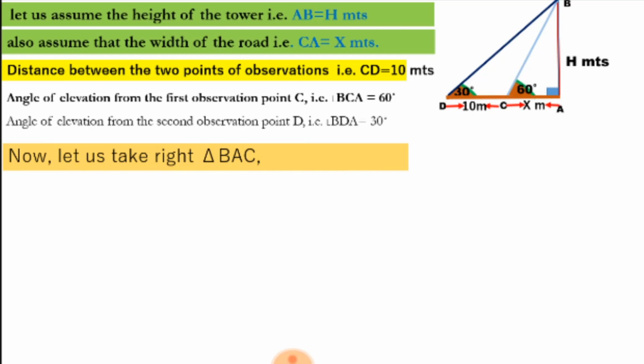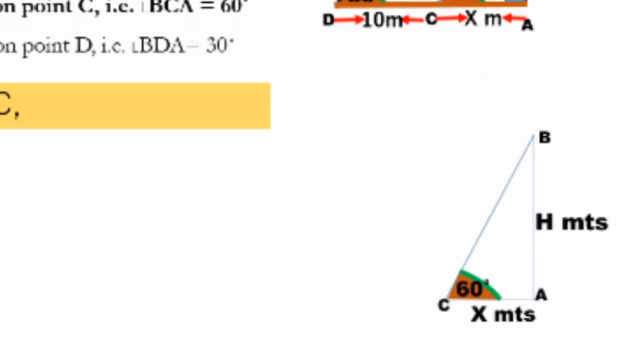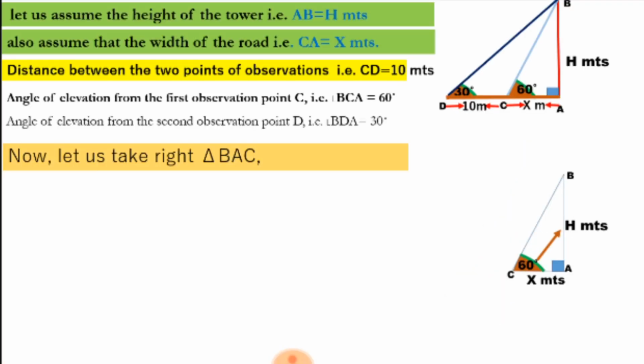Now let us take right triangle BAC. If we observe this right triangle, for the given angle 60 degrees, AB is the opposite side, which we need to find out, and AC is the adjacent side, that is the width of the road, which we assume as x meters.